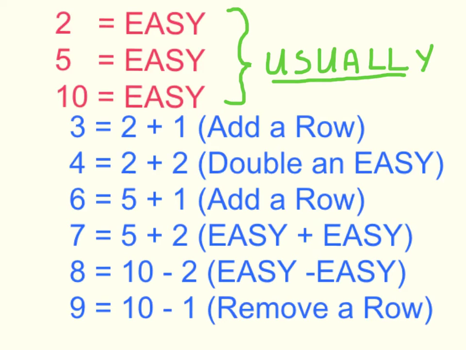By knowing their 10 times tables and their 2 times tables, they can subtract the value of that 2 multiple from the value of the 10 multiple. And finally, removing a row from the 10 times tables that they already know gives the product for the 9 times tables.